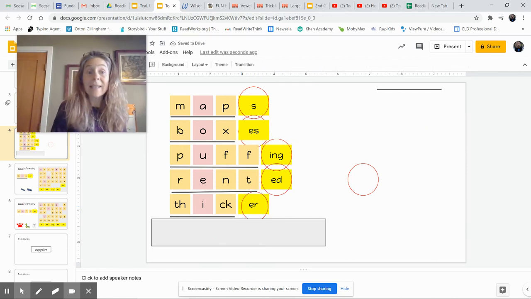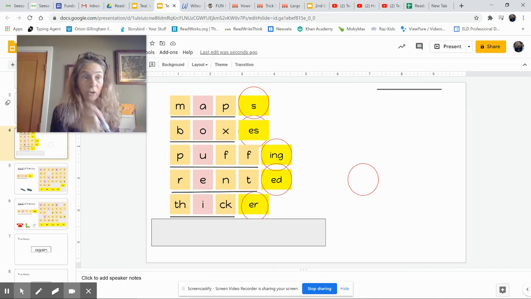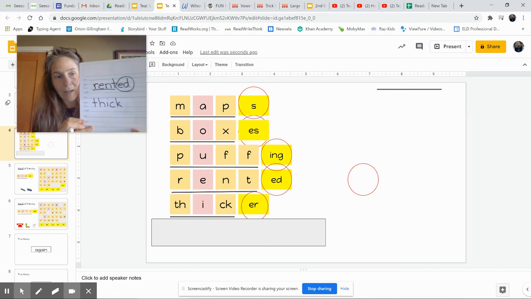Now let's write that word. So tap out your base word, thick. Thick, and then write thicker. Don't forget those 2 digraphs. I'm going to show you my base word first to make sure you've got that correct. Thick.